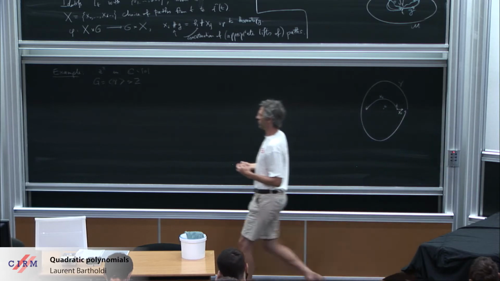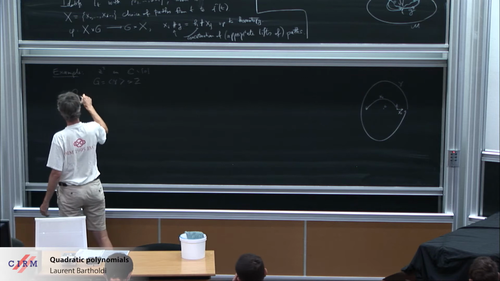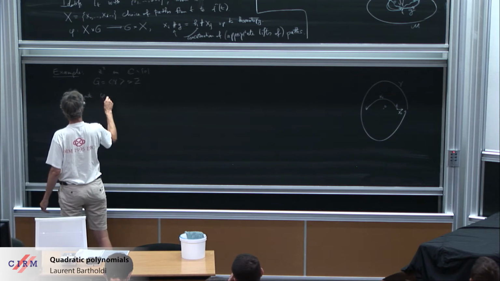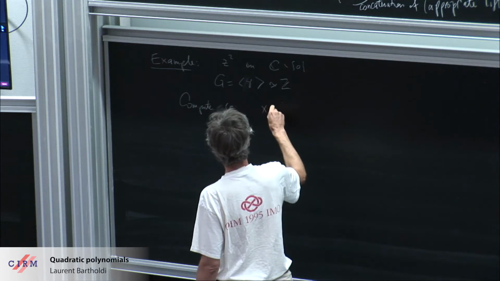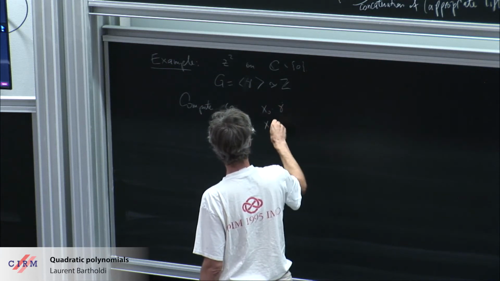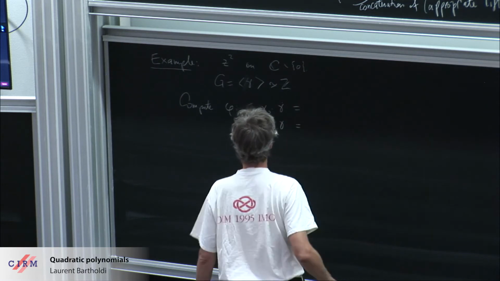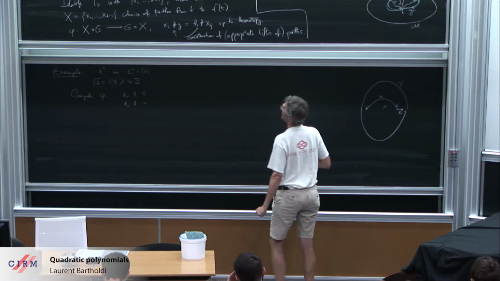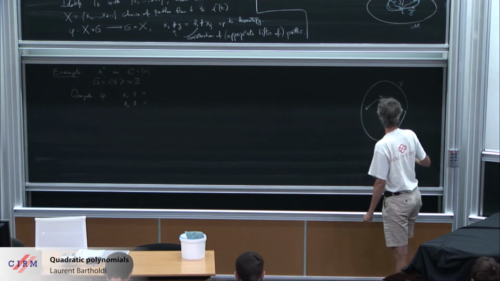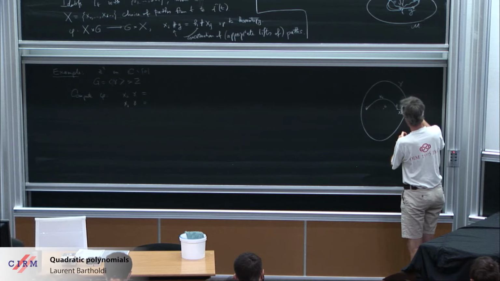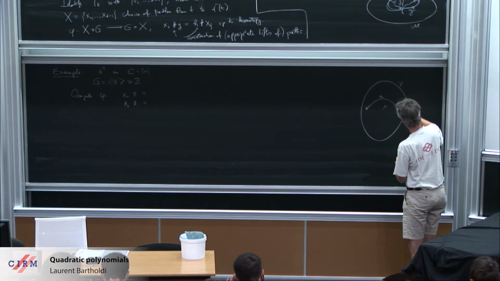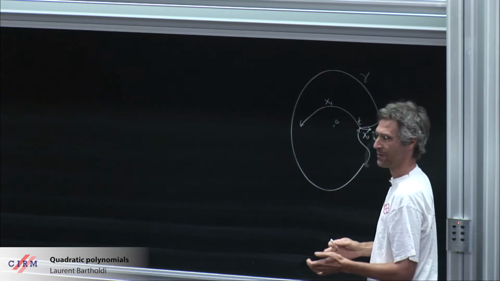Okay, so to compute phi, I must say x0 and gamma, and x1 and gamma. What are they? Well, if I do x0 and then gamma, so gamma is in fact a loop based at t, it will rather be something like this.